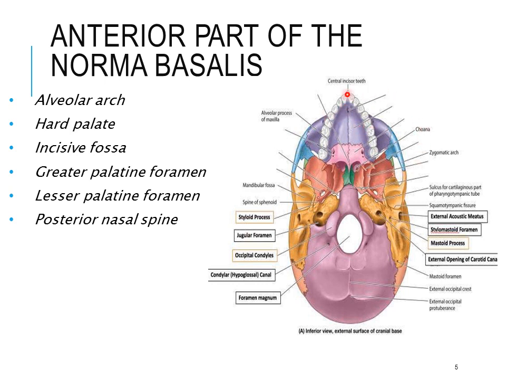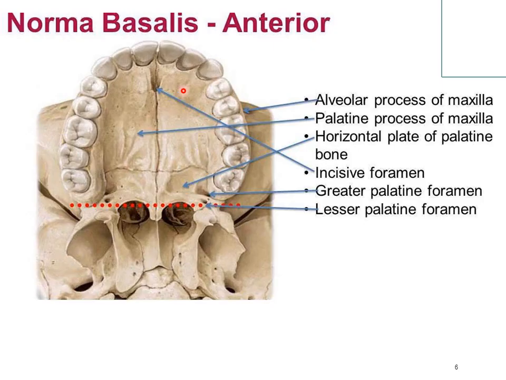So in this diagram we can make out the alveolar process of the maxilla. This is the palatine process of the maxilla, and here we have the horizontal plate of the palatine bone. Here we have the incisive fossa which leads into the incisive foramen.